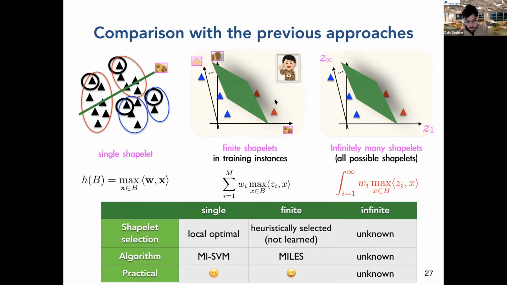In this work, we consider possibly infinitely many shapelets, and informally formulated like this. And our main goal is to present the learning algorithm in which the selected shapelets are theoretically justified, not heuristically selected. And I will reveal these boxes.